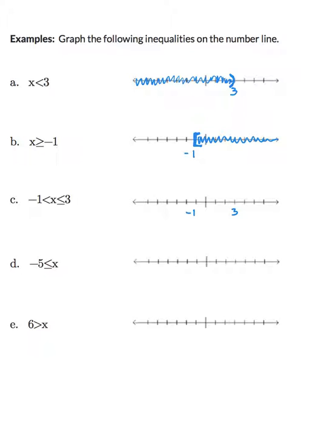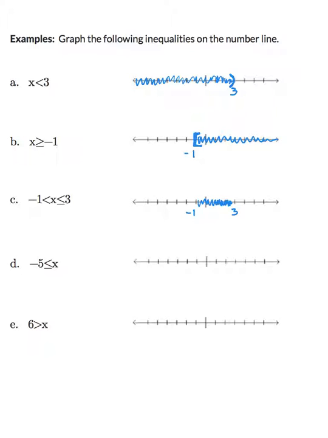Now a 3-part inequality basically is you have two conditions that we're trying to satisfy at the same time. I want to know where are the numbers that are larger than negative 1, but are also less than or equal to 3. And those numbers are going to be in between negative 1 and 3.